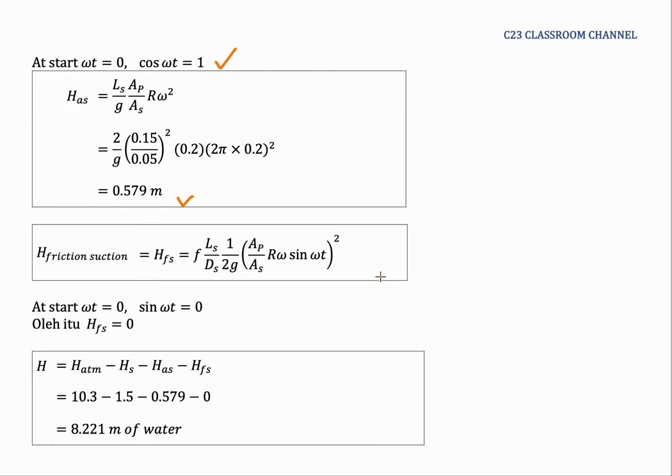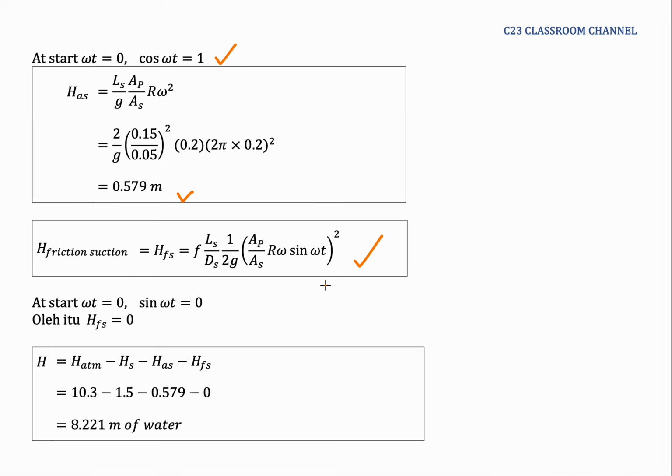Then we could calculate the suction friction at the beginning. Because we have a very specific point, at the beginning, at the center and at the end of the stroke, we know the location, we know the value of theta. That's why we calculate the friction here using this equation.